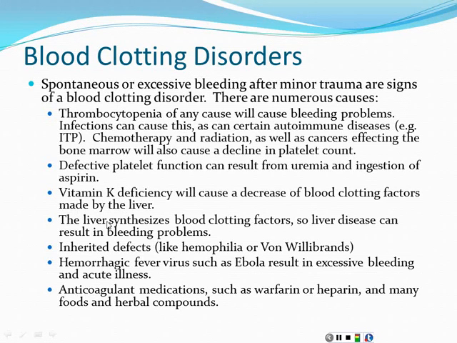The liver creates the clotting factors, so anything that affects the liver in a negative way can affect the clotting system. You know, so the person in advanced liver failure is going to have clotting disorders.